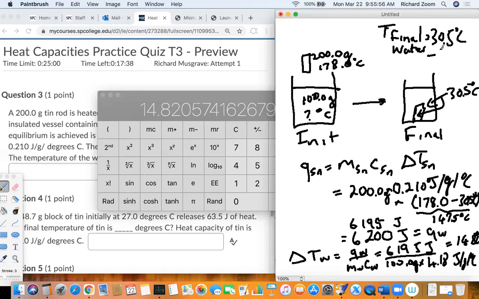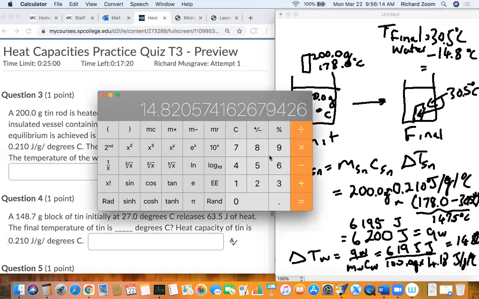minus 14.8 degrees Celsius. And that would be 15.7 degrees Celsius.